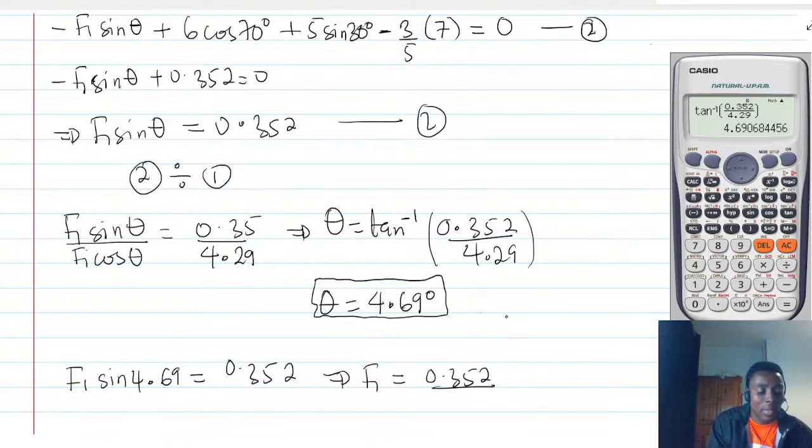Divided by sine 4.69. So what do you get? 0.352 divided by sine 4.69.